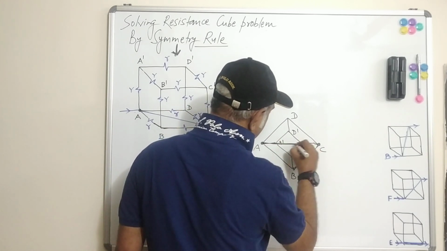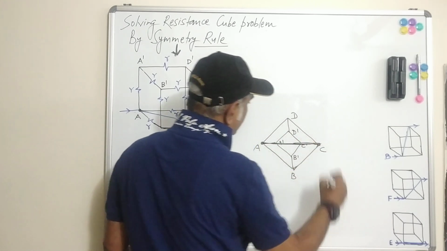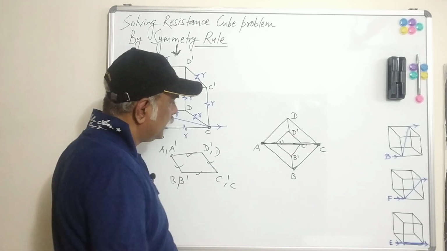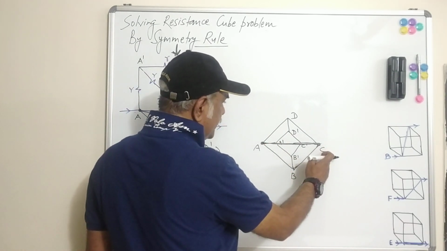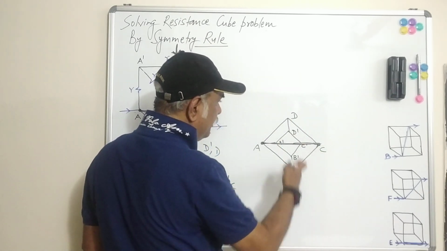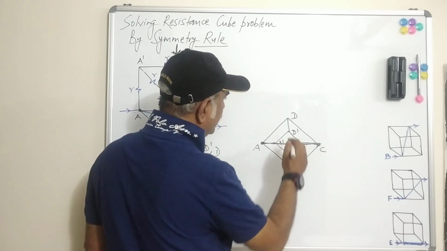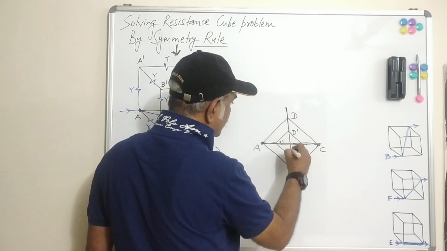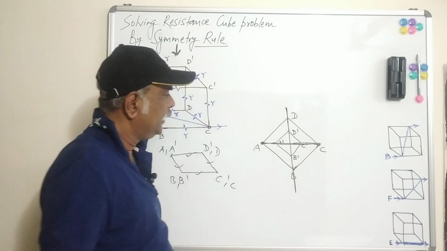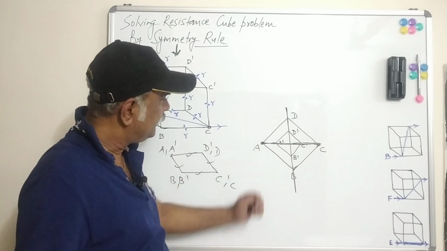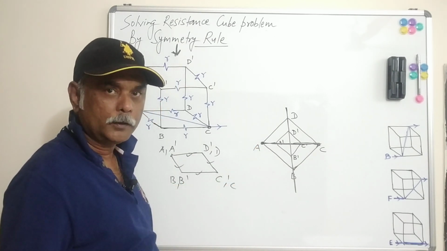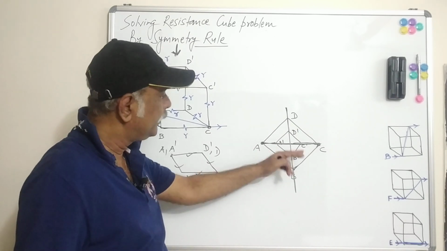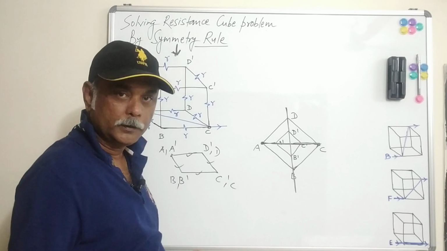See? Join it like this, isn't it? Then draw a line perpendicular to this line which bisects the diagram completely, like this, isn't it? So we draw a line like this. Now see if one side is the mirror image of the other side or not. If you do not have a mirror image, then you don't go by mirror symmetry. Use some other method, isn't it?